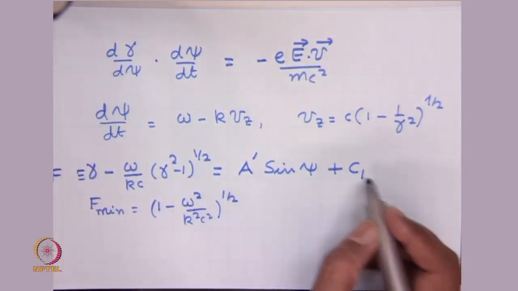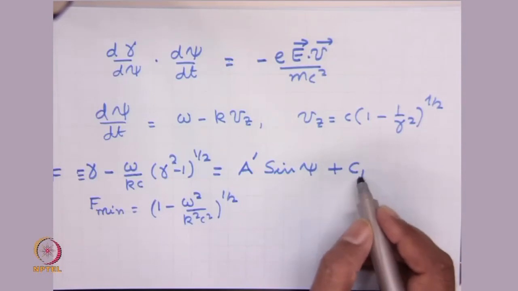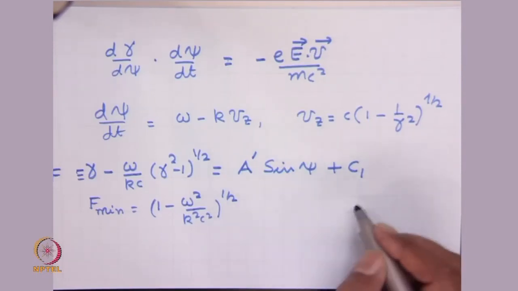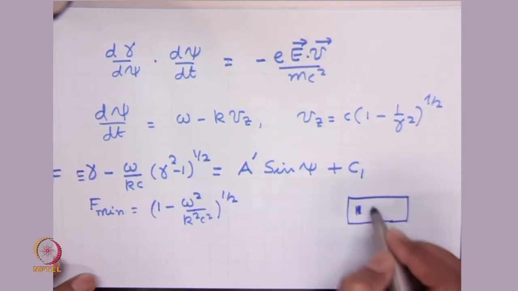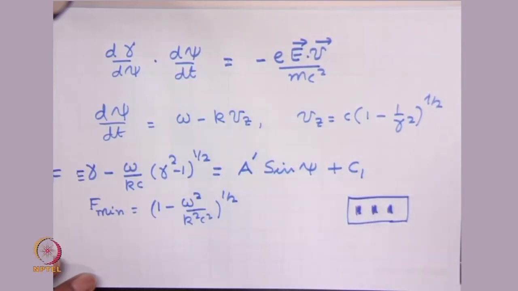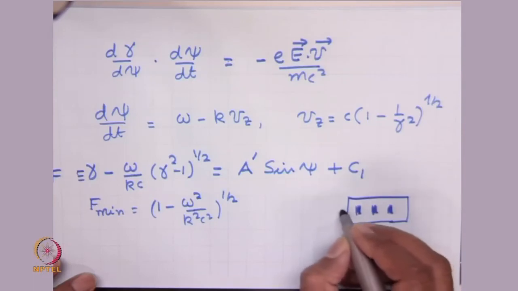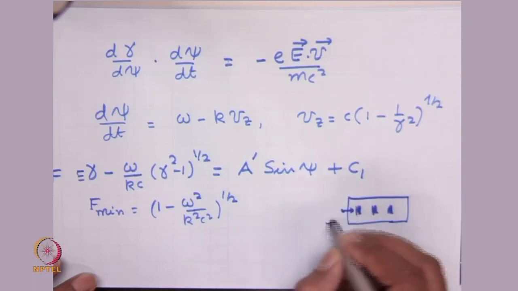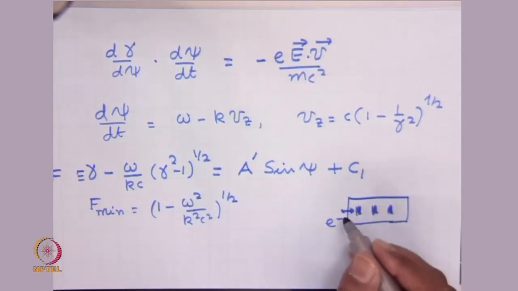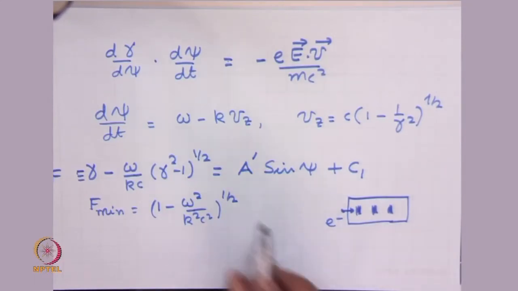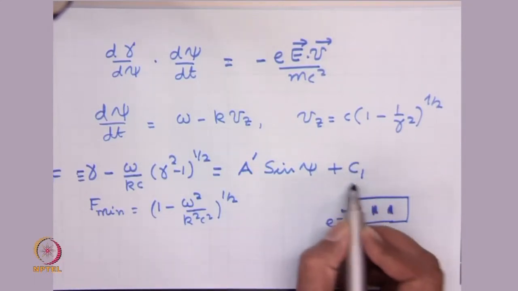Now, the C1 depends on the initial phase and initial energy of the particle, initial phase of the wave that it enters. So suppose there is a plasma here in which a plasma wave exists. This is my plasma wave which is moving in the forward direction, and electrons enter here. I want to accelerate this electron. So depending on at what instant of time I enter the electron into the plasma wave, C1 will be determined by that.